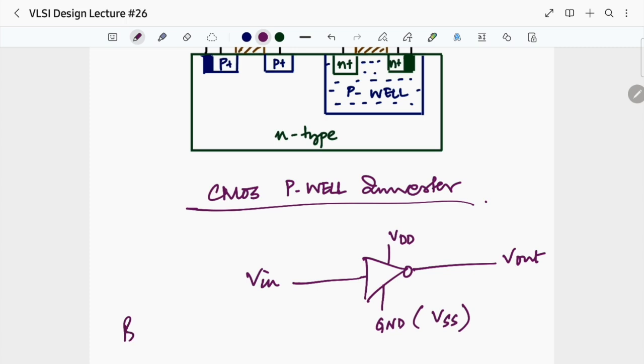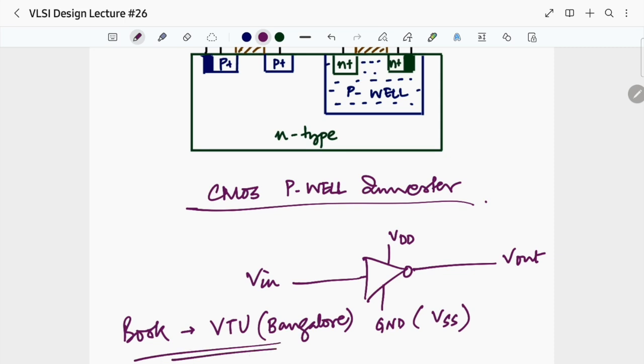So the textbook followed by VTU, that is the Technical University of Karnataka, okay, so this book over here has named the ground terminal as VSS. So I am sticking with VSS. In your books, let's suppose your university is something different.